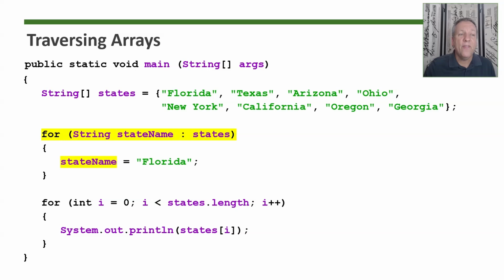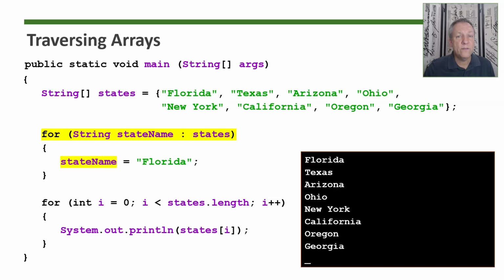Let's look at this. This now says for each String stateName within states, stateName equals Florida. Well, when I run this, you'll notice the state names didn't change. Well, the variable stateName changed, but the contents of the array didn't change, because when I assign Florida to stateName, I'm just updating that local variable.